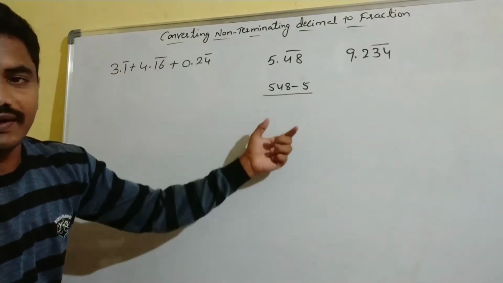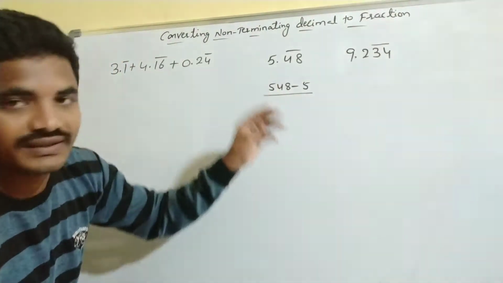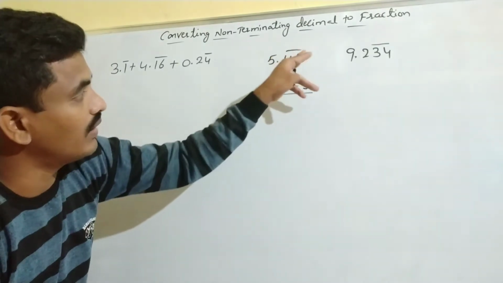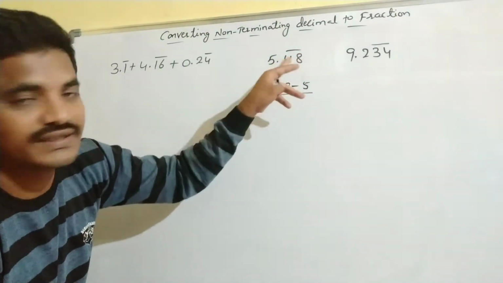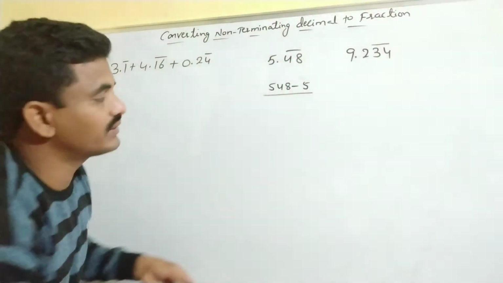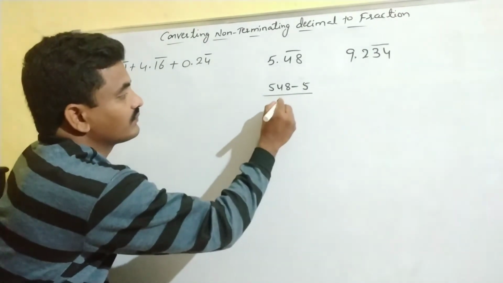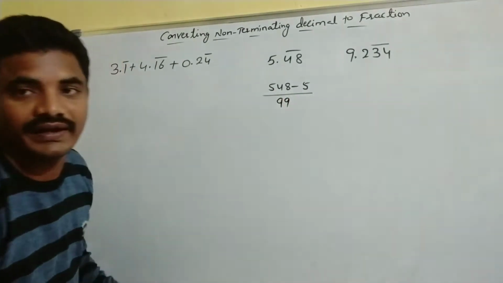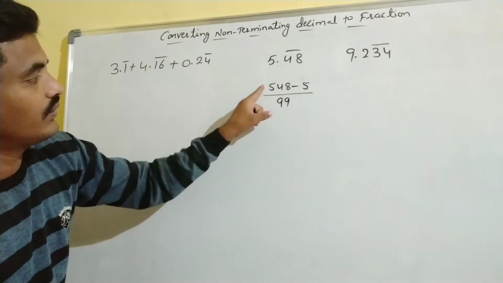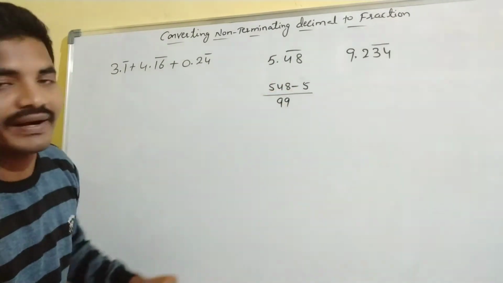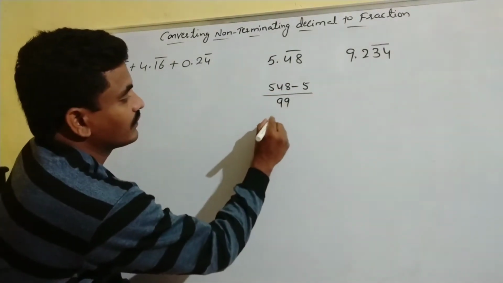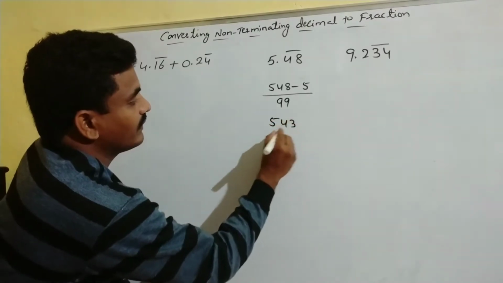Next we write the denominator, which depends on the bar value. Here 2 digits have a bar, so we take 2 nines. 548 minus 5 equals 543 by 99.